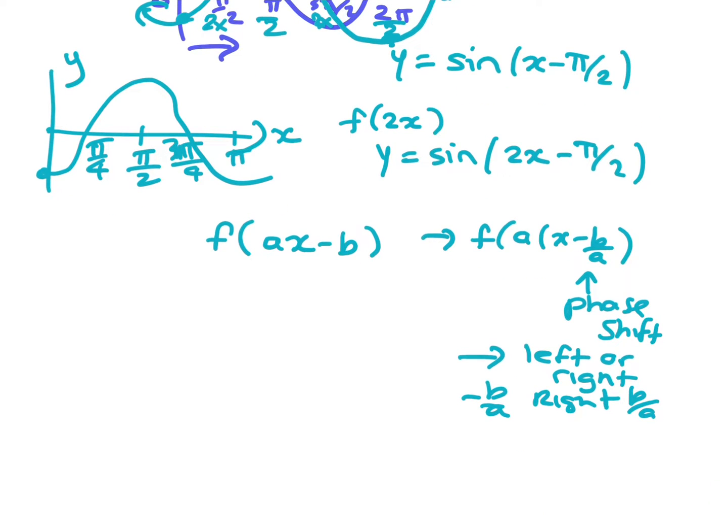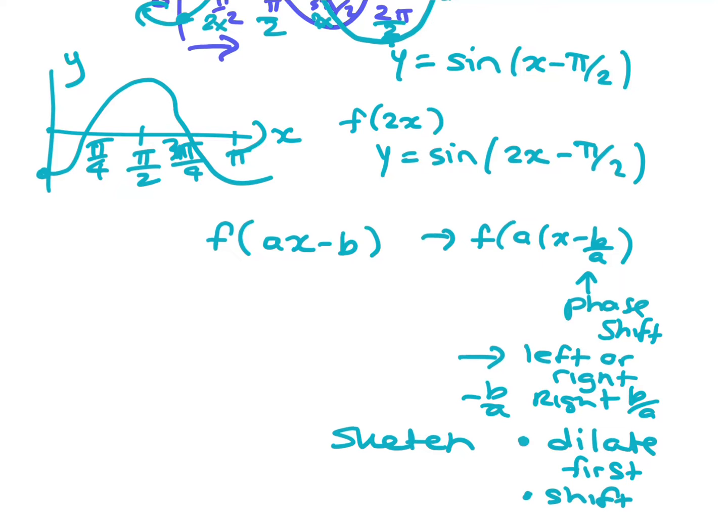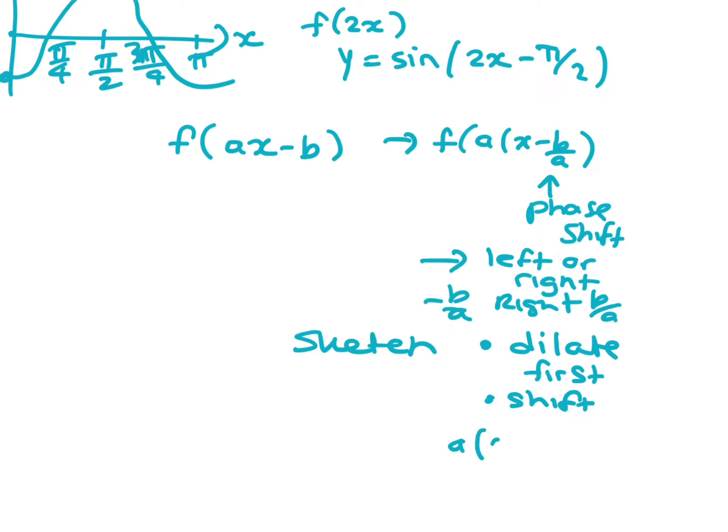Okay? And when you're actually sketching this and you're using this technique, you would dilate first and then you shift. And it's the same as if you were doing the reverse operations on solving an equation like that. So you'd first divide by a, and then you add b on a.